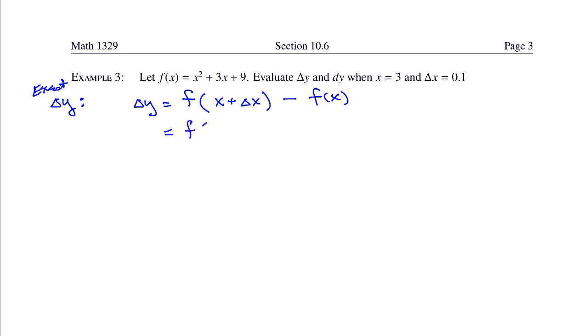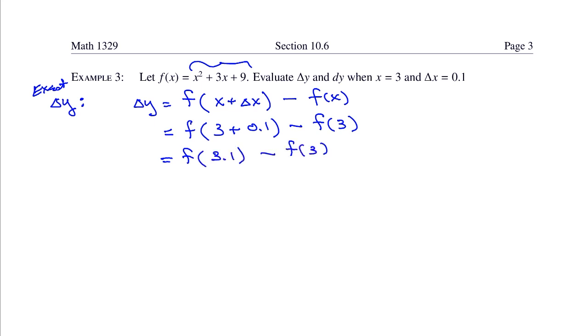What is the x in this case? 3. And what is delta x? 0.1 minus f of 3. The function is here. And so this is asking for f of 3.1 minus f of 3.